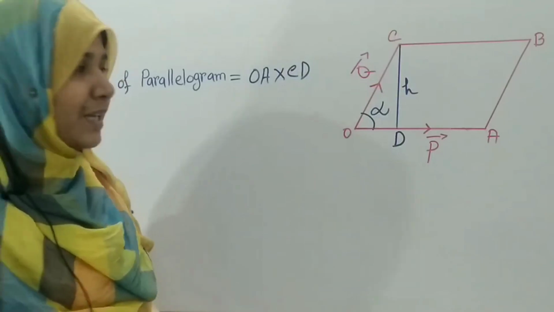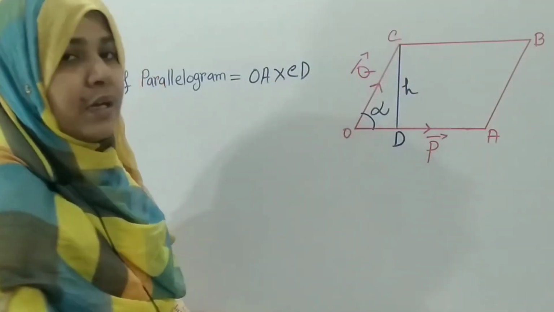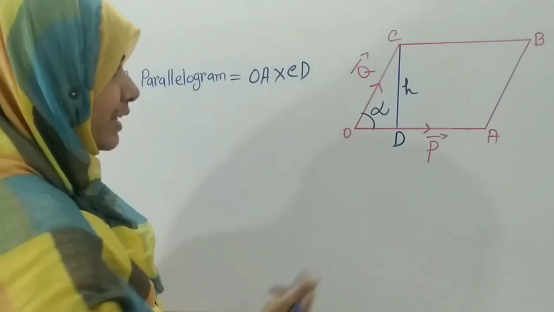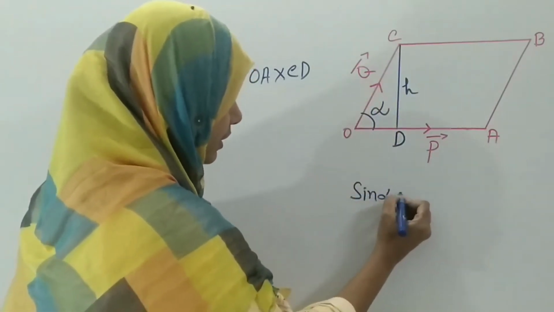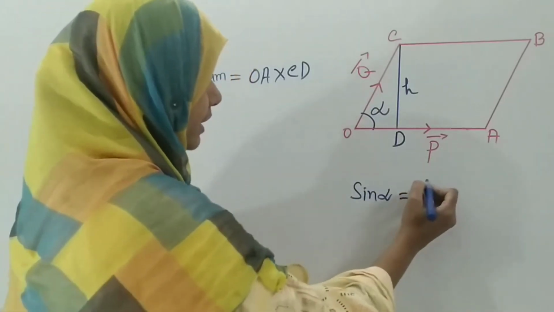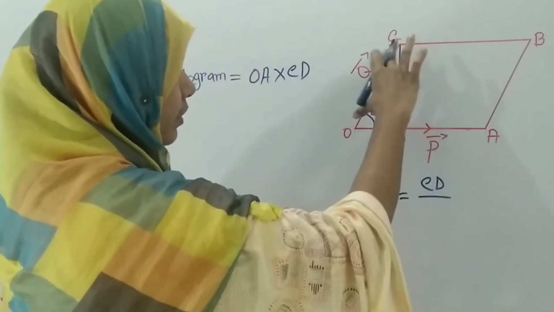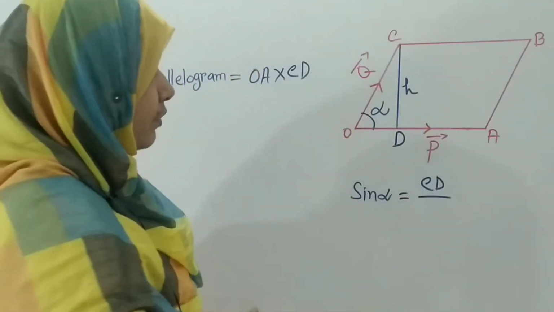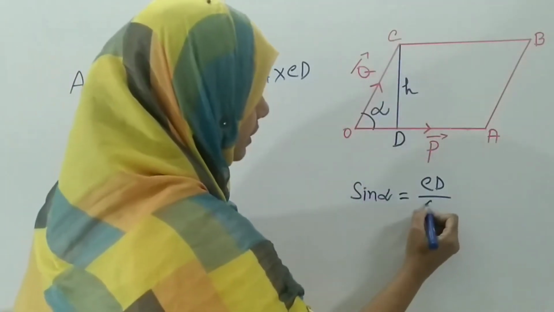Now CD: if we consider OCD as a triangle, then we can write that sin alpha is equal to CD by OC.